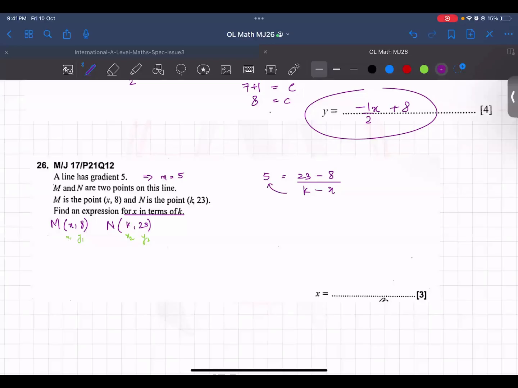So you just multiply over there. So 5 into k minus x equals 15. And this 5 can go down and divide. 15 divided by 5 is 3. So your x is coming out as k minus 3. Yes, sir. That's it.